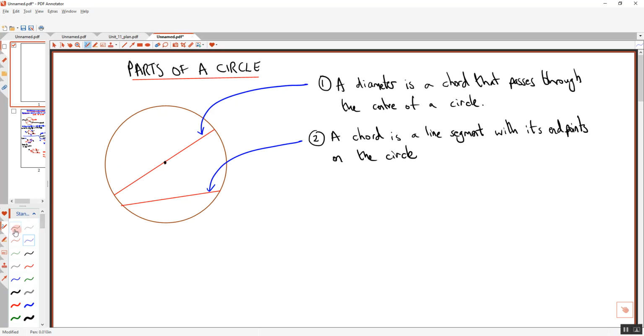Alright, another fancy one. It's called a secant. Let me write that so you can actually read it. S-E-C-A-N-T. A secant is a line that intersects a circle at 2 points.